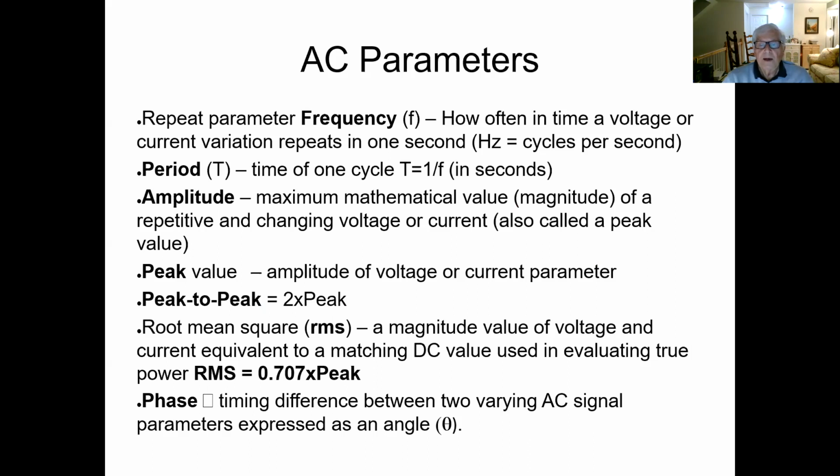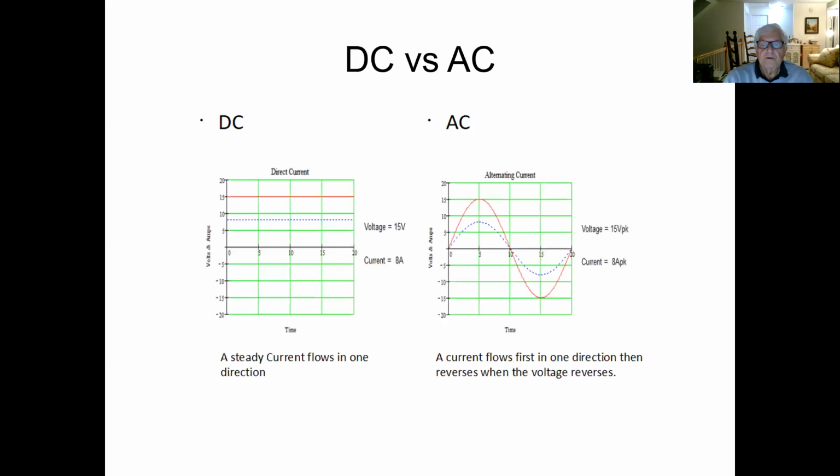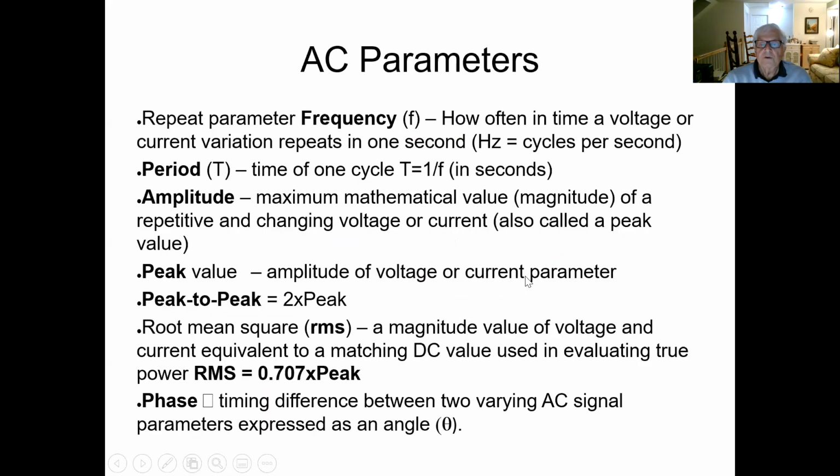If we go back, we notice that the curve here repeats itself. Once it goes beyond this, we repeat the cycle again. So how often does this repeat itself? That's what we call a frequency: how often in 1 second a voltage or a current repeats.